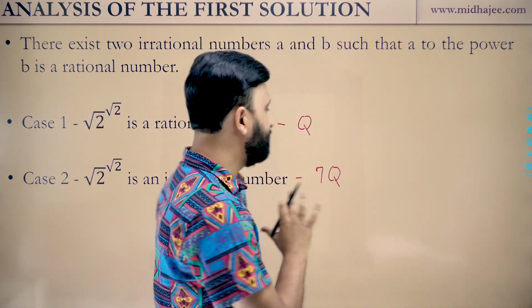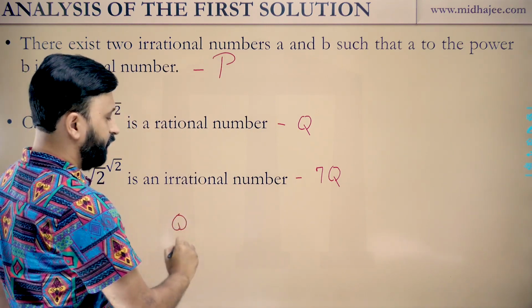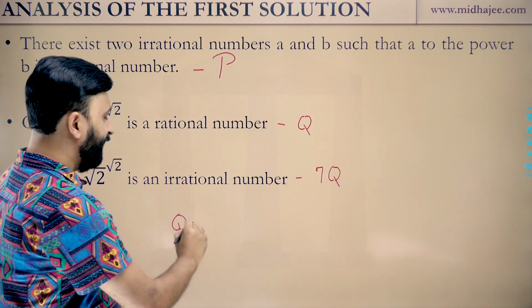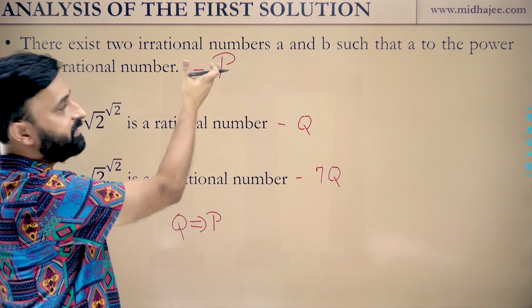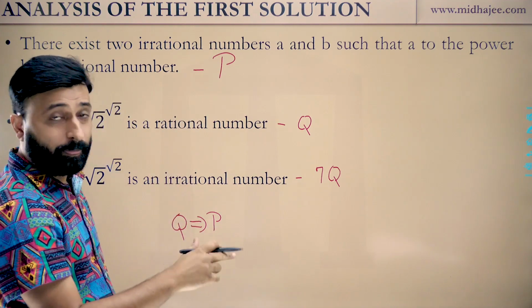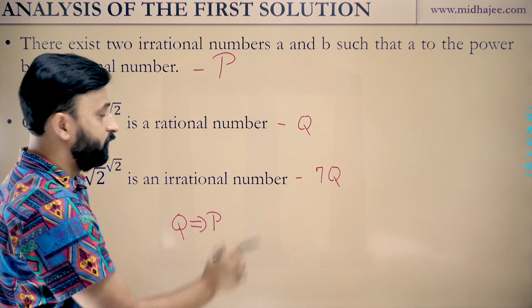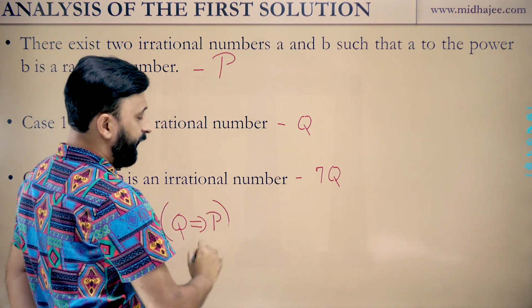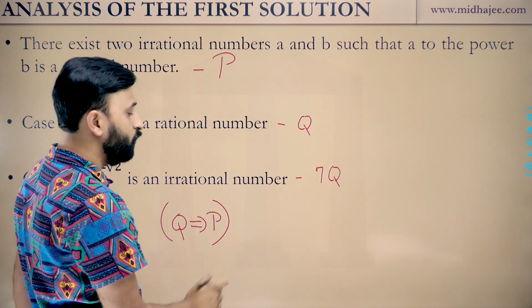Now let us analyze this. If Q is true, it implies P is true, because if this is true, then obviously this is true. But if not Q was also true, even then we proved that P is true. So it means that I can say that Q implies P. It means if Q is true, P is also true.